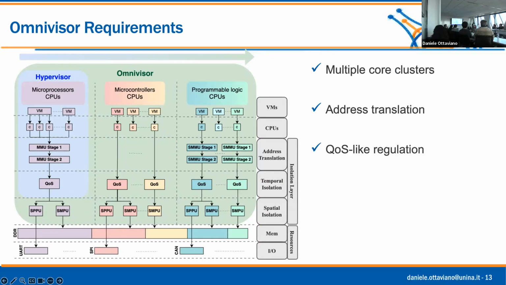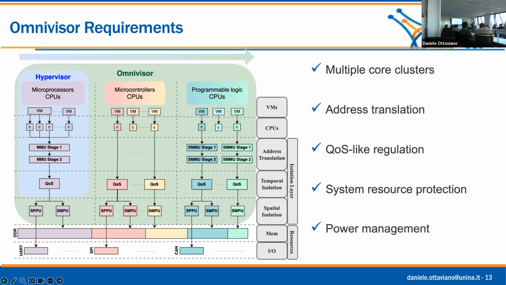It has to have some QoS-like regulation to regulate the bandwidth in hardware. It has to have protection for the resources, so SMPU or IOMPU, as I told you. And it has to give you the possibility to manage the power of the system. So to power on a core or power off a core, something that you can find in ARM-based and Intel-based processors as well.